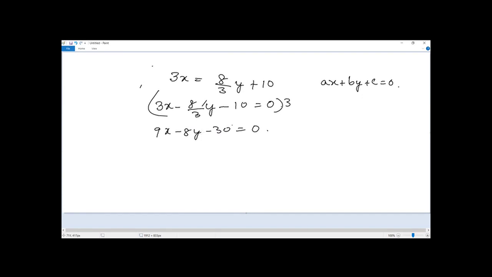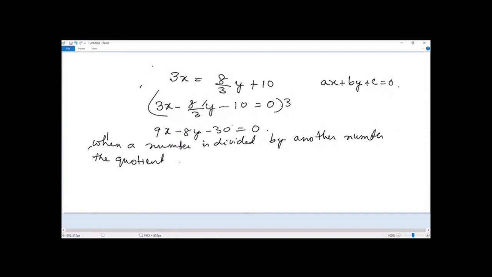Okay. When a number is divided by another number, the quotient and remainder are 9 and 1. Write a linear equation.